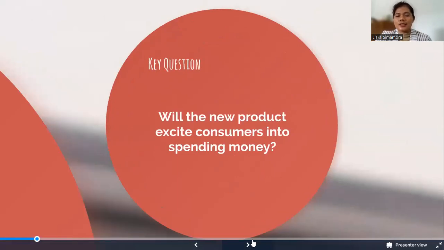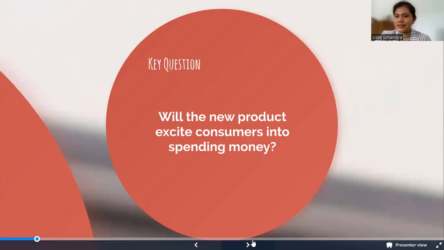So the key question to understand our consumer and to be able to create the product that meets their needs is, will the new product excite consumers into spending money? So we have to make sure that our product will excite the consumer to spend money.